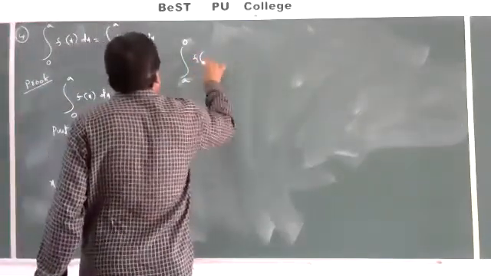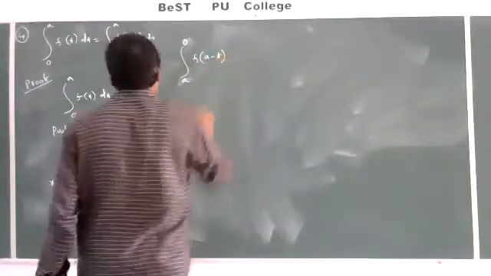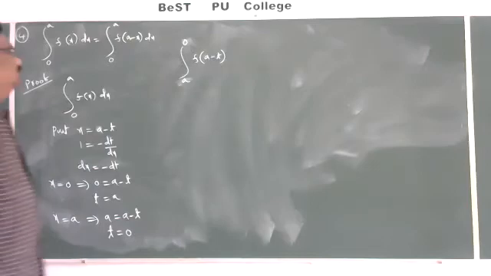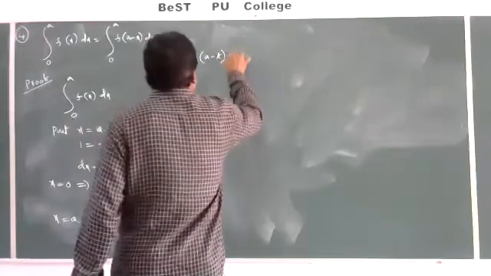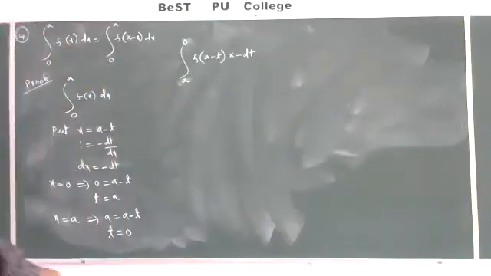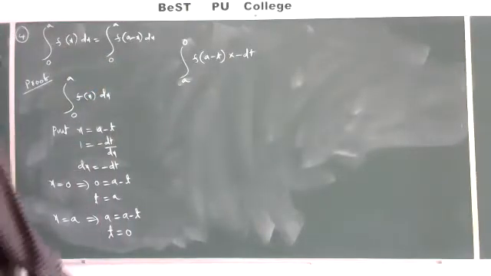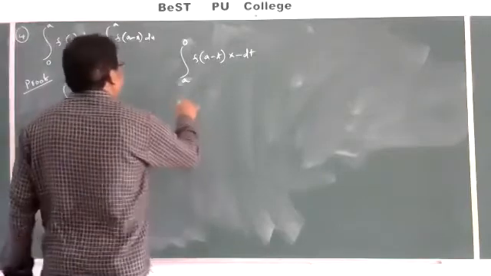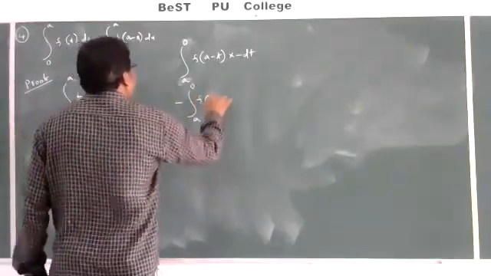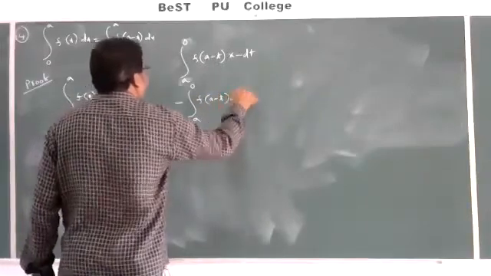f of a minus t, since x is equal to a minus t, and dx is minus dt. So this is minus integral a to 0 f of a minus t dt.